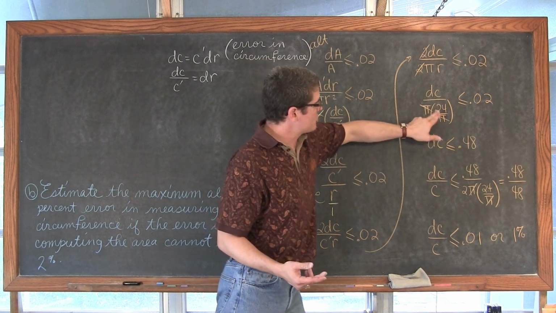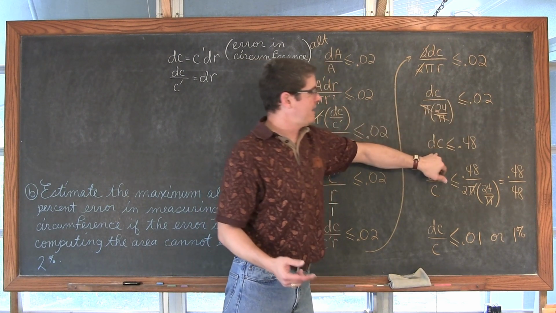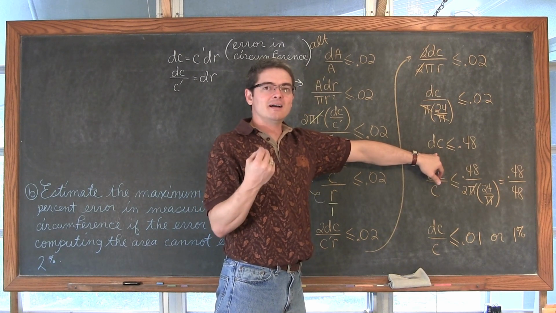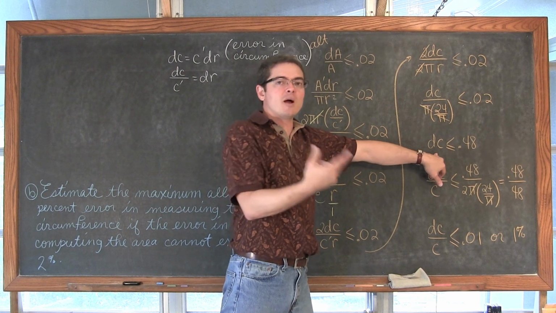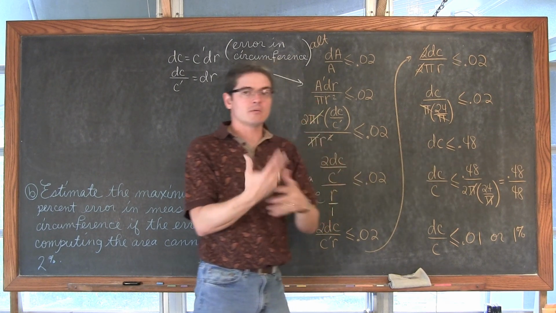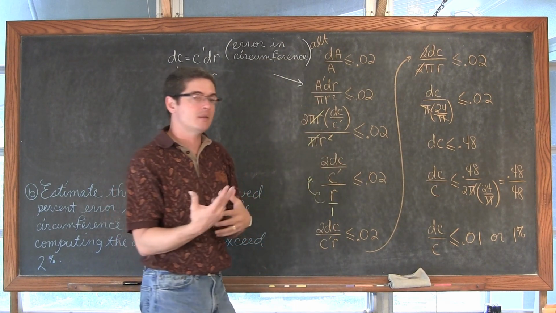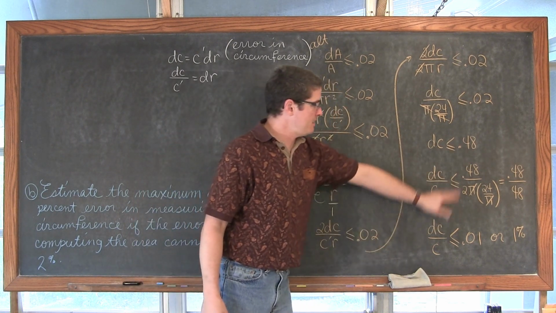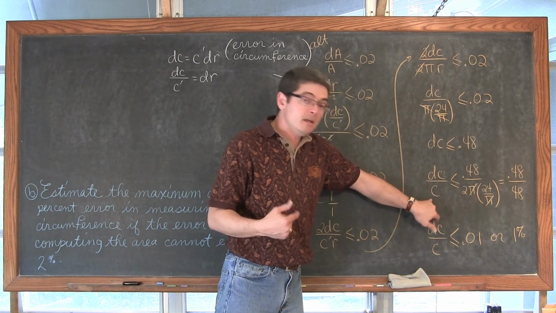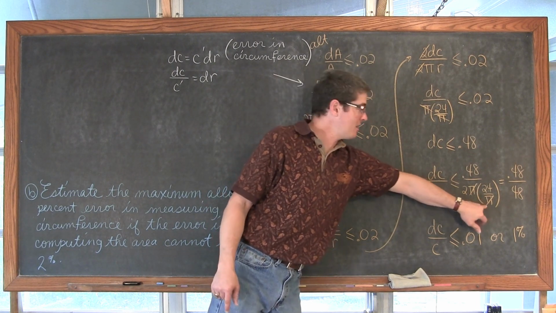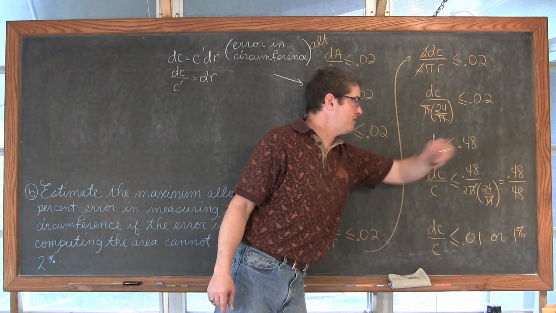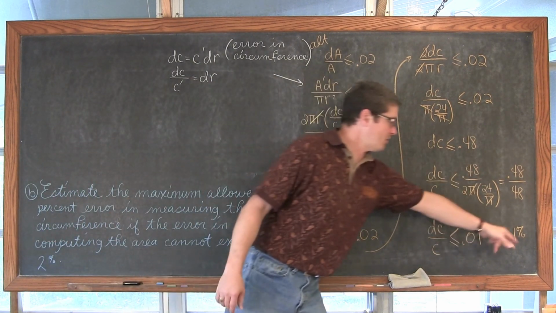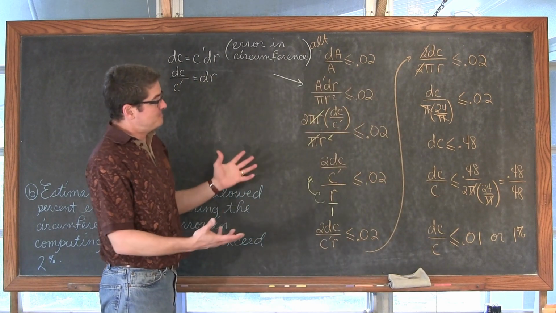Multiplying both sides by 24, we have dc, the approximated propagated error in the circumference, or our largest allowable error in the measure of the circumference, is 0.48. So now dc over c is 0.48 over c, which is 2 pi r. A lot more cancellations happen. We get 0.48 divided by 48, and voila, the answer is 0.01 or 1%.